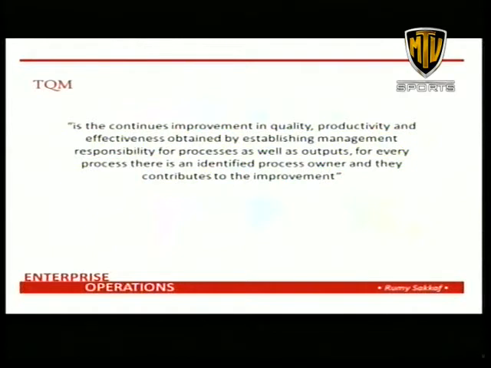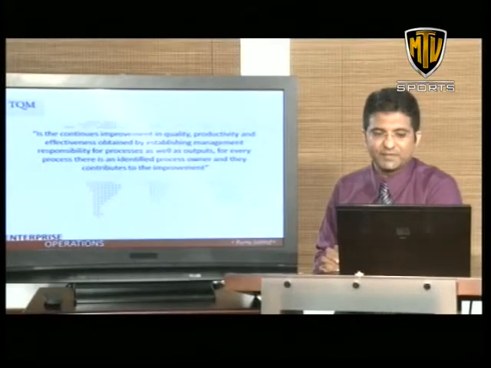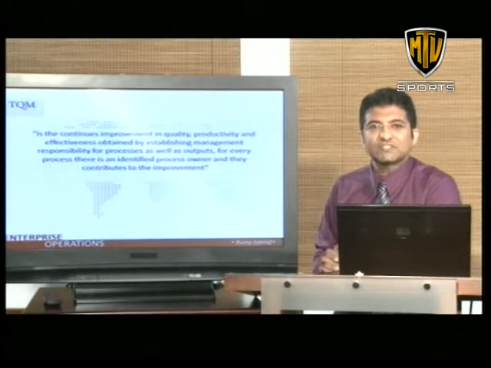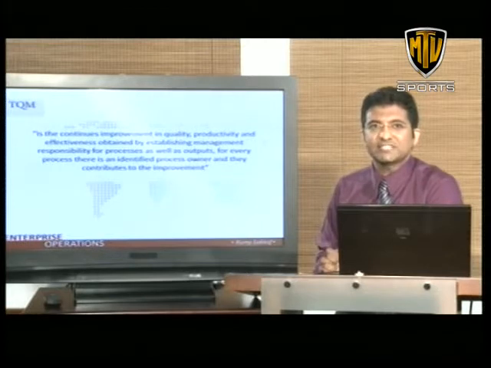For every process there is an identified process owner and they contribute to the improvement. Now let's put in simple words the definition of TQM. TQM mainly concentrates on quality, productivity and effectiveness within an organization.